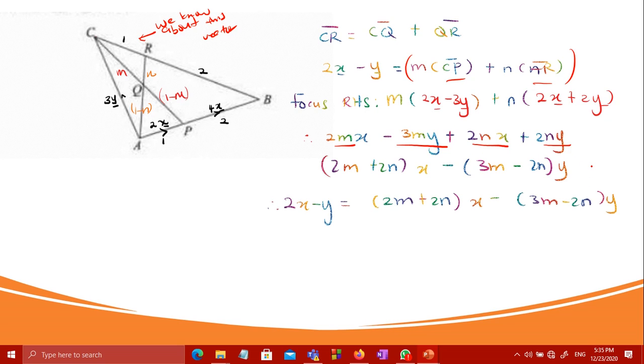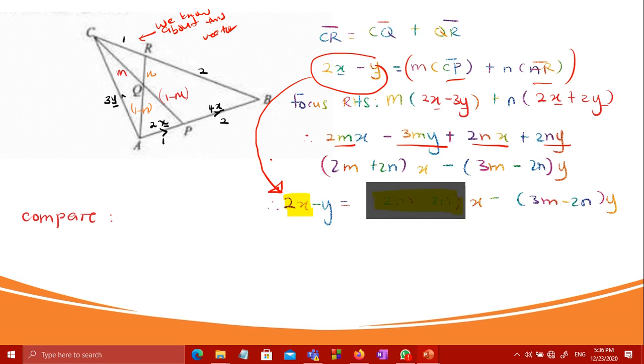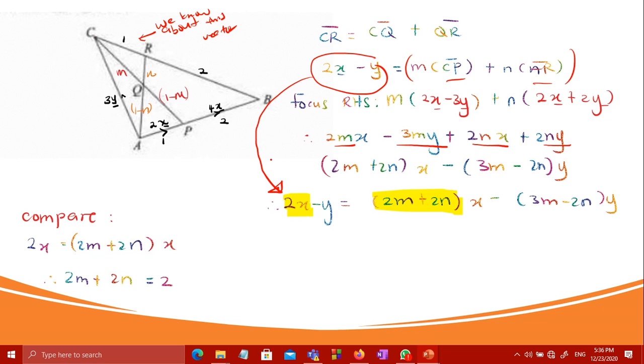And then we bring this back. Then we compare. Compare what I have highlighted earlier with what I compare right now. Okay, so just write whatever has been highlighted. The x is cancelled off and left us with this. And similarly with the y.